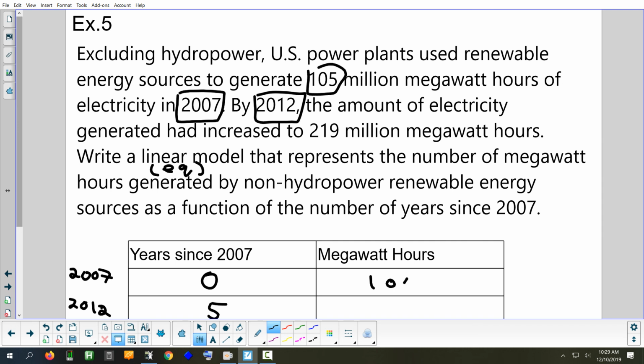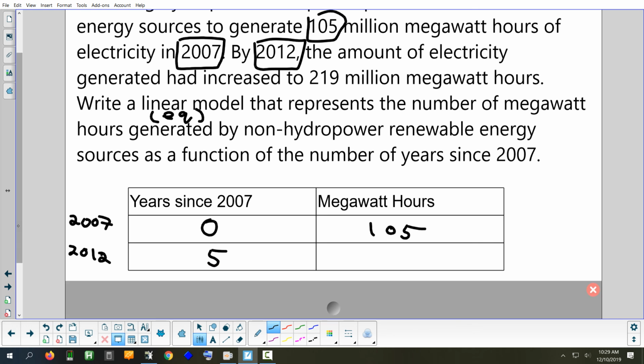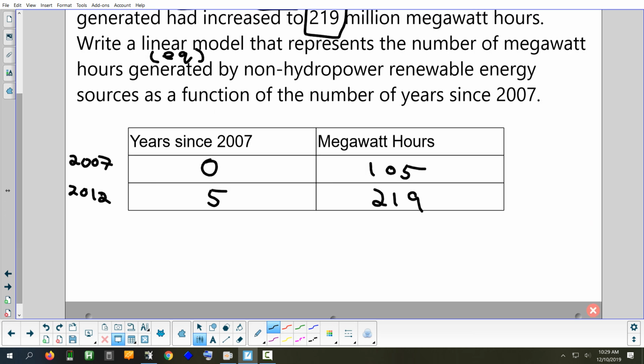So 105. Now, in 2012, do they tell me how many megawatts they made? 219. There's your coordinates right there. You write your coordinate exactly the way you see it. Keep the numbers in that order. The first one is 0, 105.